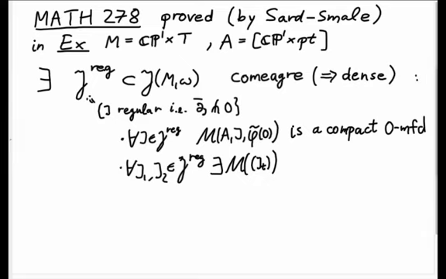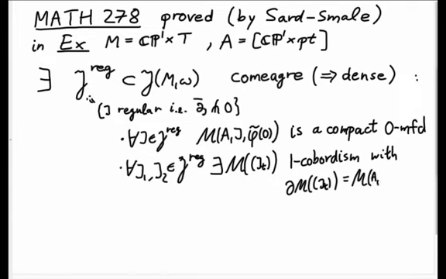But what's mainly important is that this is a one-dimensional cobordism whose boundary components are the disjoint union of the J1 moduli space and the J2 moduli space.